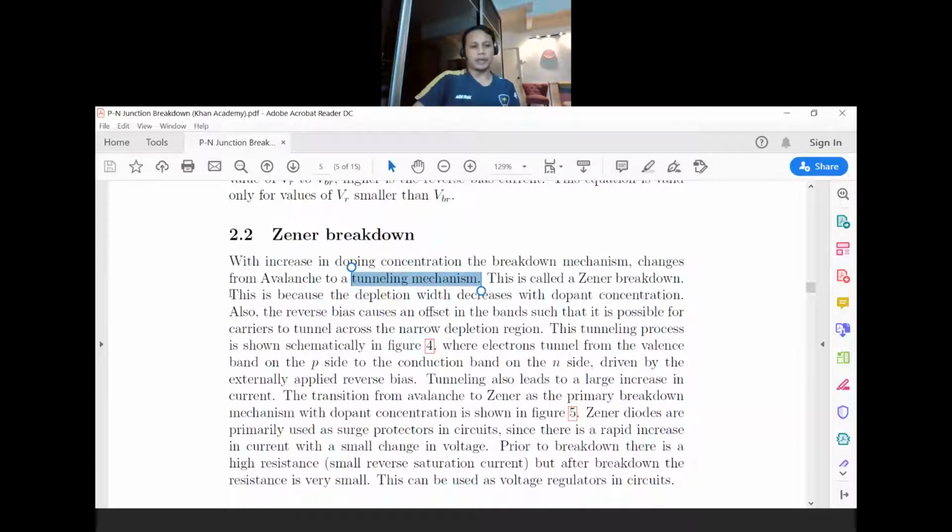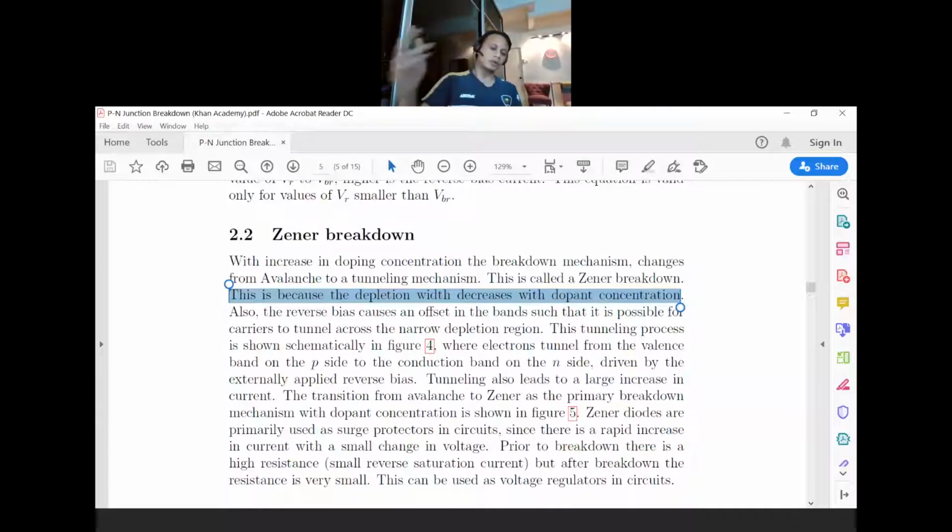Even though we are applying high voltage, we know that applying high reverse voltage causes the depletion width to widen. However, if you have a higher dopant concentration on both sides of your junction, you will actually reduce the depletion width at the same time. So it depends on the magnitude of voltage on the reverse bias and the magnitude of doping level on both sides of the PN junction, but effectively the depletion width will be reduced due to high dopant concentration on both sides.